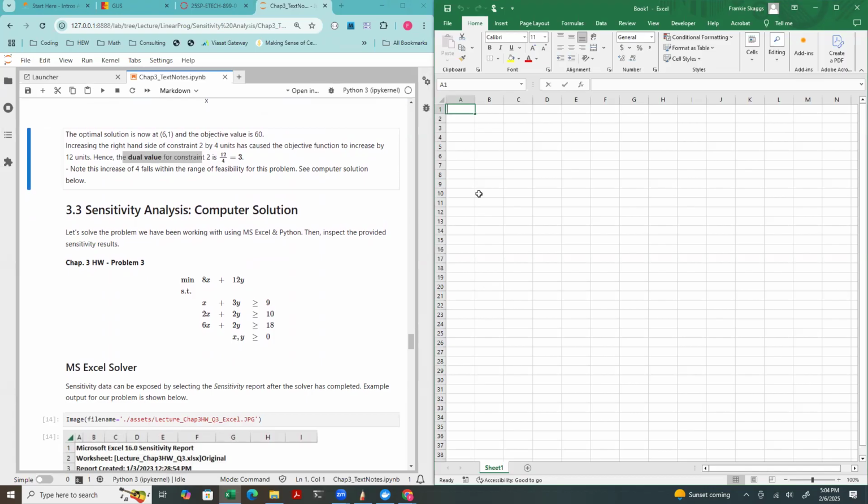All right, it's a very simple model. I've got some decision variables, X and Y. I've got an objective function that I want to minimize, some linear expression here.